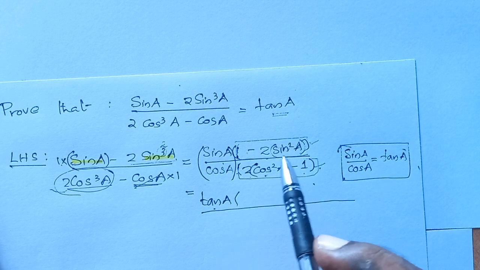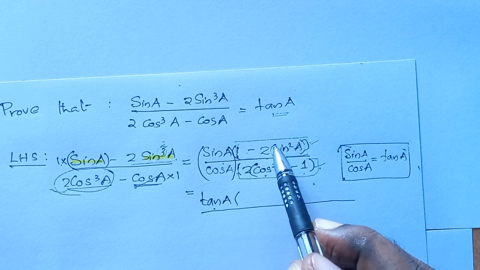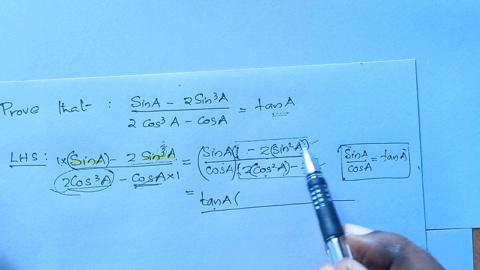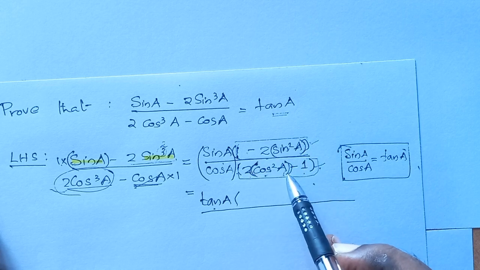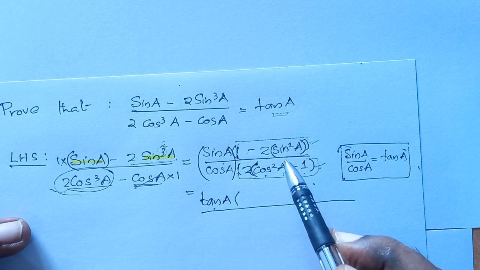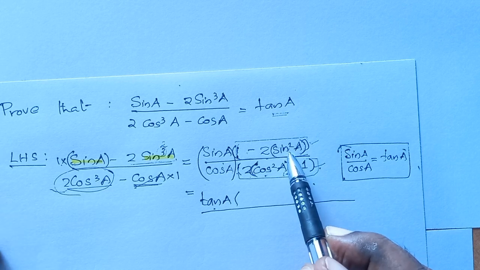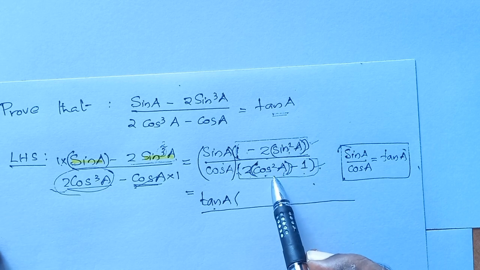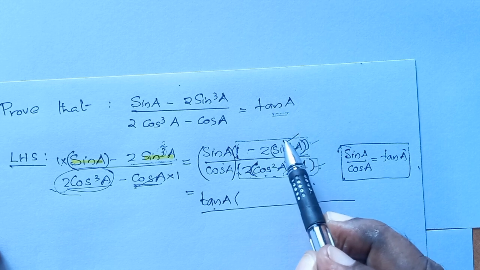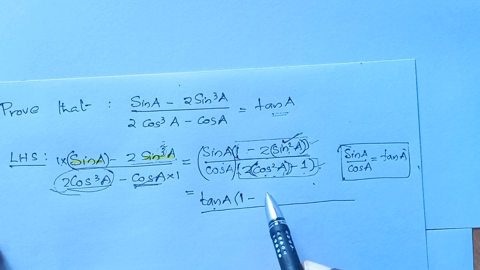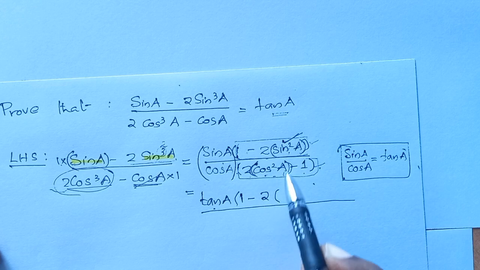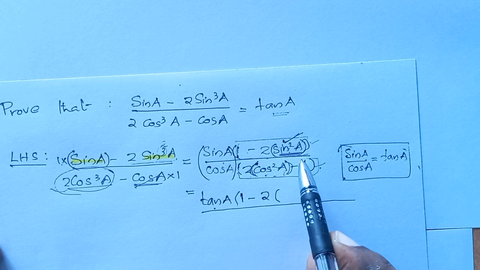For that, what we have to do is, either you take sin square a or cos square a. That's our wish. Either you can take the numerator sin square a or the denominator cos square a. So I'm going to take the sin square a. So we'll write 1 minus 2 sin square a.